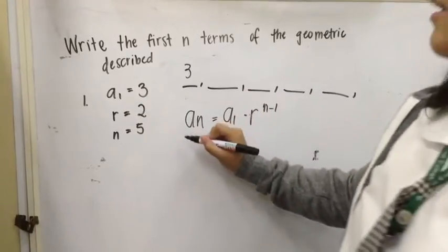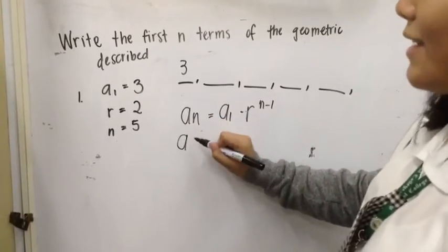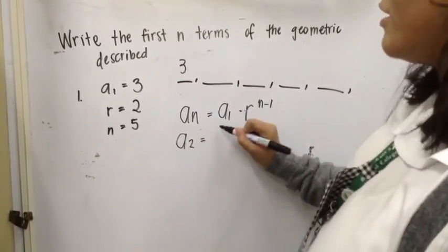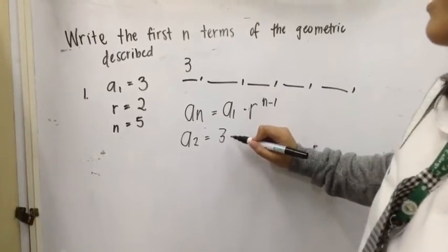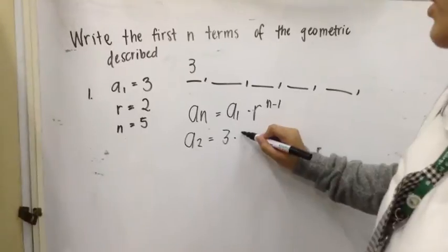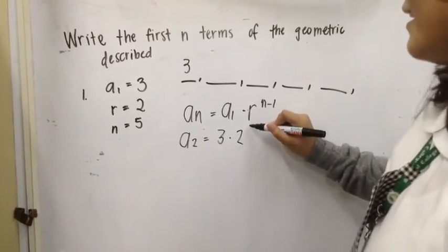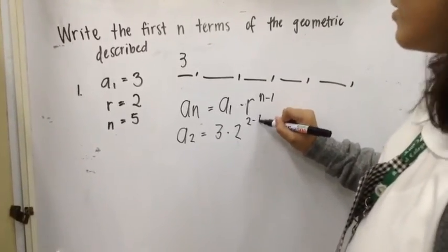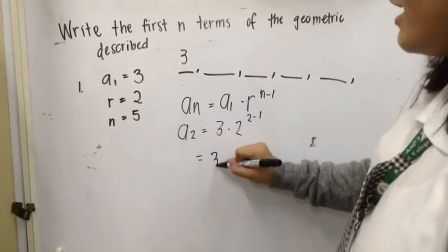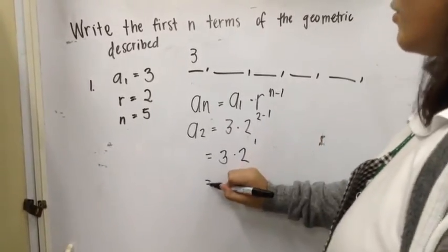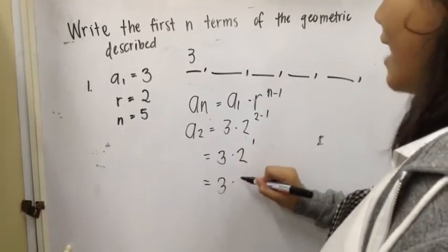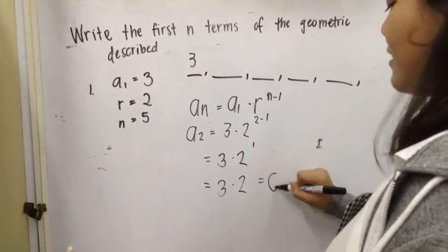So a sub 2 is equal to 3, the first term, times 2, the common ratio, raised to 2 minus 1. So 2 minus 1 is 1, so it becomes 3 times 2 raised to 1. So 3 times 2 is 6, so that's the second term.